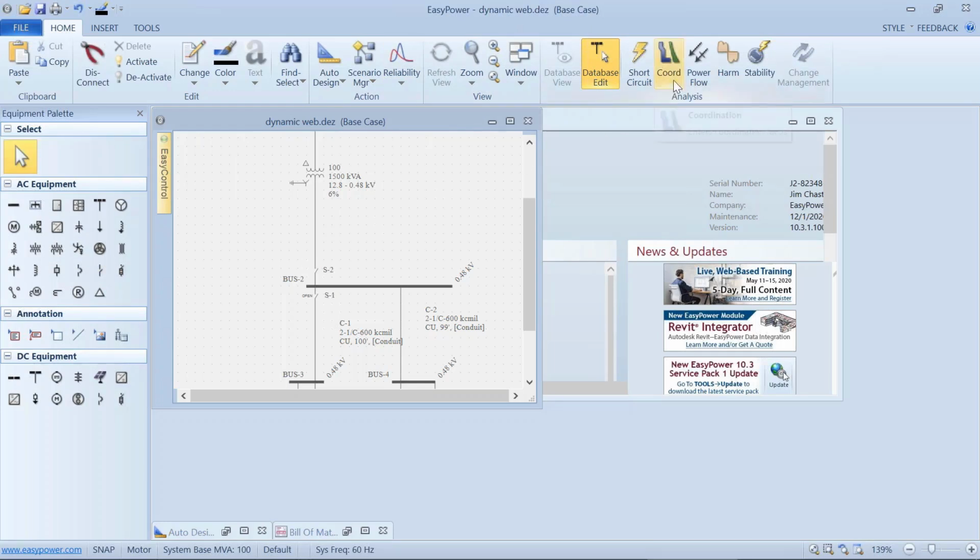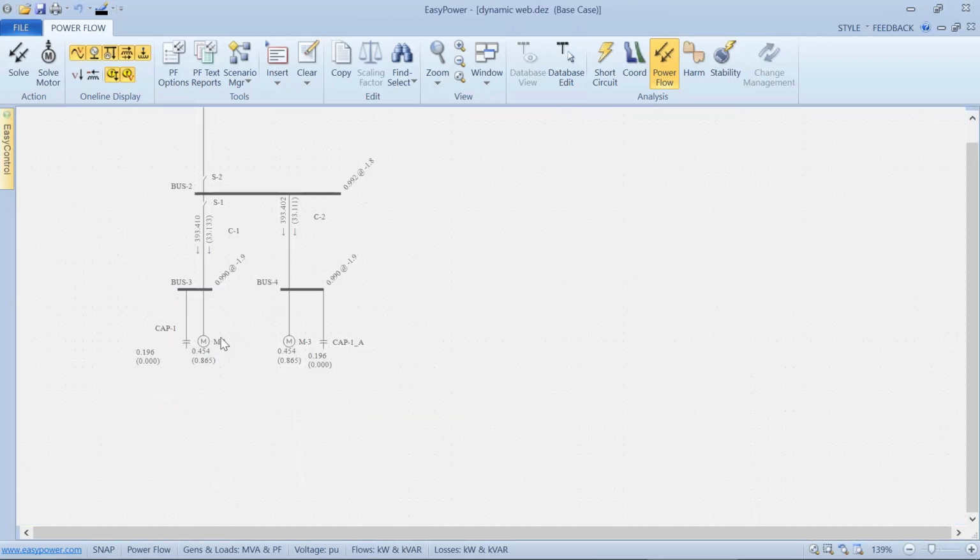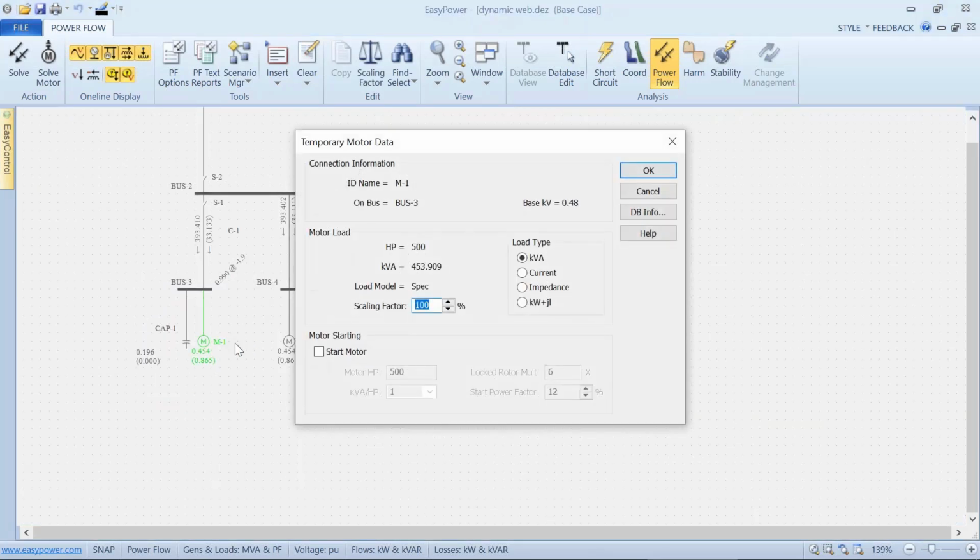So back in power flow, what I was trying to illustrate is when I solve this in normal operations, I have a 0.992 because of my power factor correction. My voltage is brought up. If I do an impact motor start to these loads, we can get there, hang in there with me.